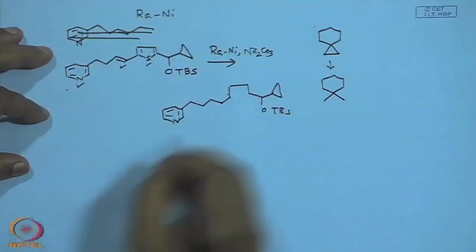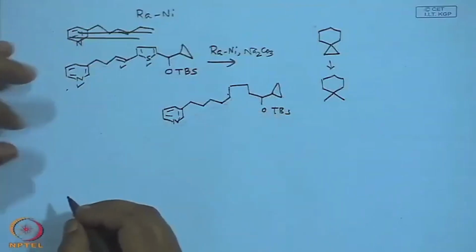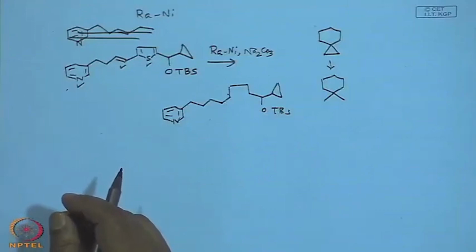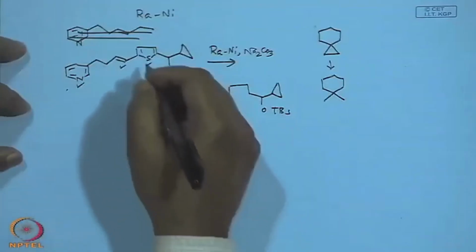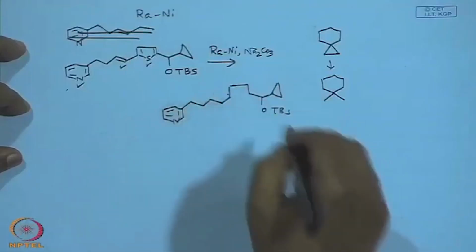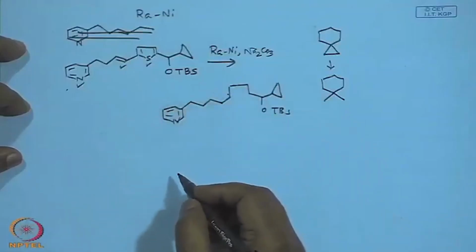What else can I see? The sulfur is nicely desulfurized. This is the beauty: Raney nickel is so specific, it can desulfurize. What does it mean? The thiophene nucleus can be utilized to form an aliphatic chain. That is it, and that reduction is very facile.